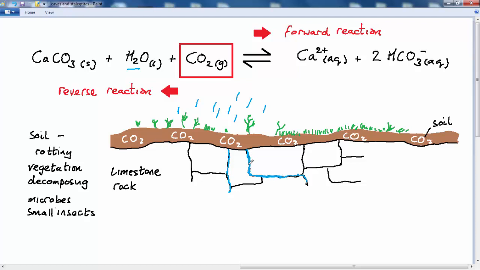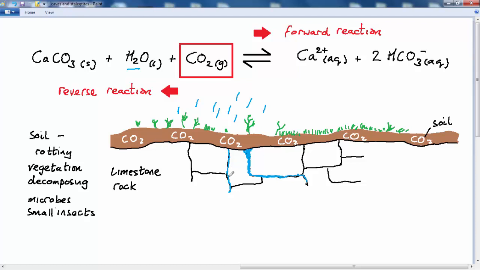They're going to start getting bigger, and you're going to get all sorts of interesting formations forming in the limestone rock as a result of that. So initially it starts off as chemical erosion, the actual calcium carbonate getting dissolved by the carbonic acid, by the carbon dioxide that's dissolved in water.